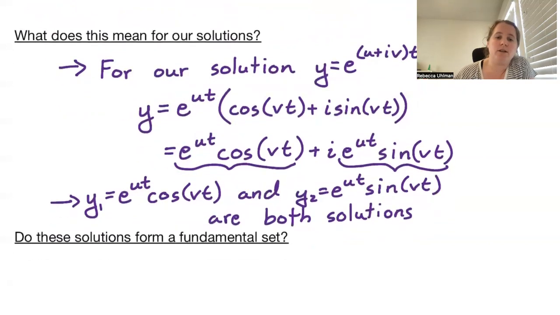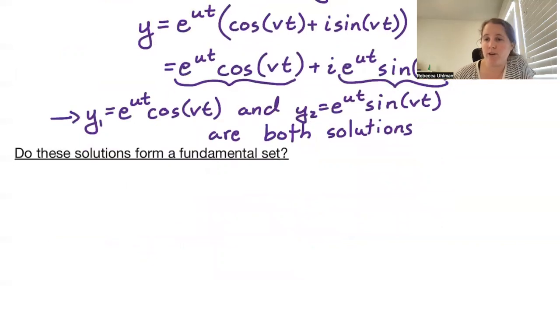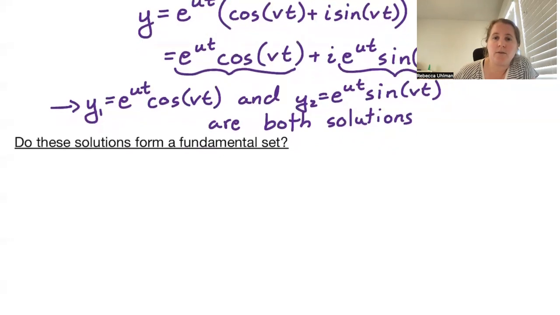So now what we need to check here is, do these solutions form a fundamental set? If so, then we now know how to solve any constant coefficient second order linear differential equation, homogeneous, with characteristic equation with imaginary roots.